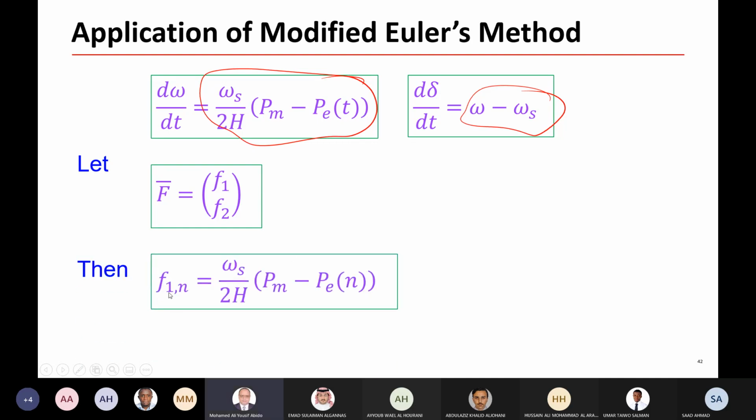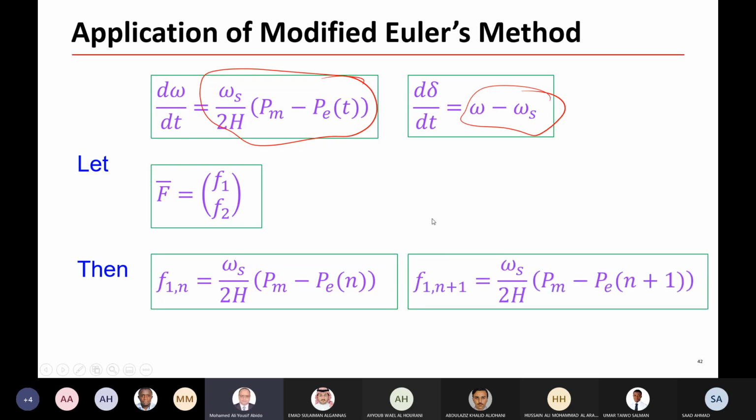Then f1 at step n equals omega s over 2H times Pm minus Pe of n. And this one also, f1 of n plus 1. Of course, this is the calculation at n plus 1, the time will be replaced by n plus 1, and we have only Pe as a function of time.